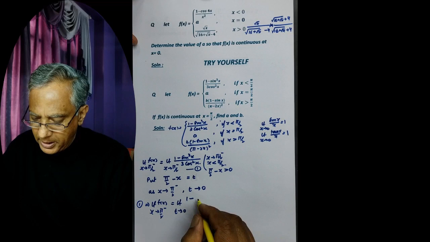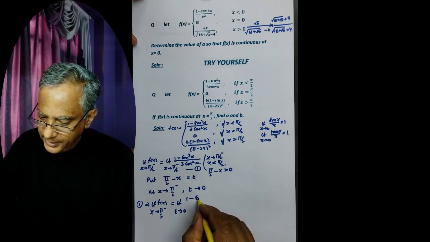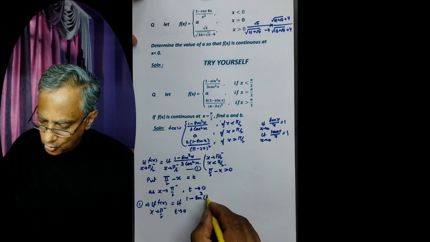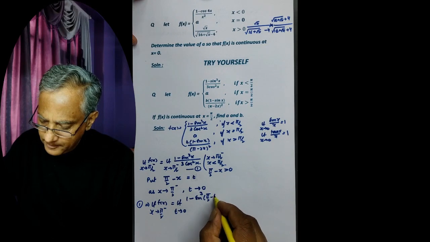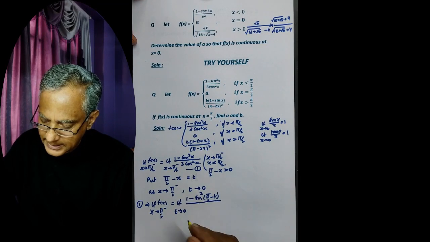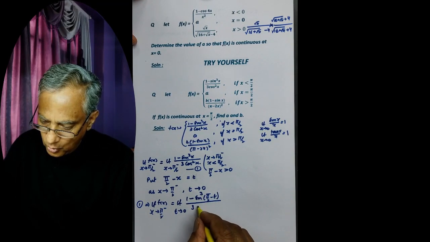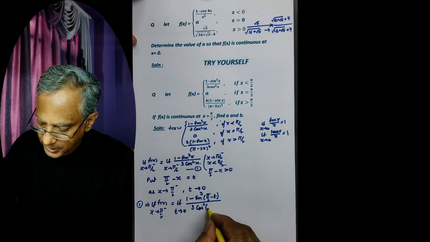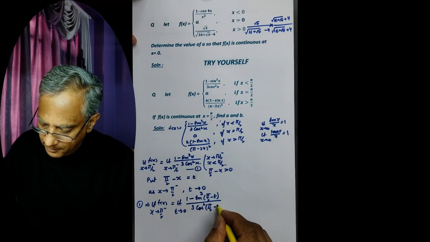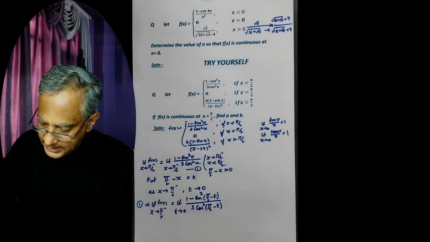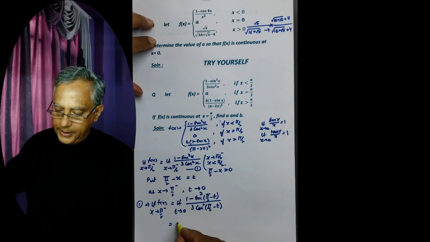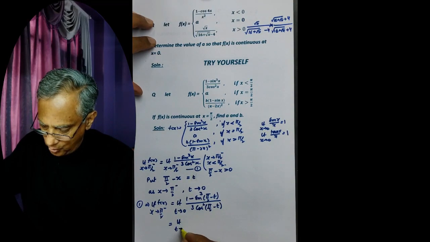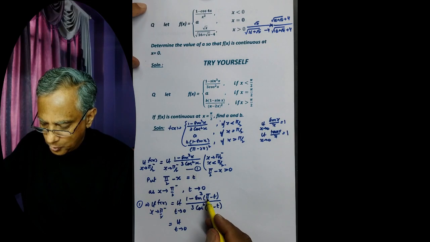X is pi by 2 minus t. So we will have sine cube of pi by 2 minus t whole divided by 3 cos square of pi by 2 minus t.